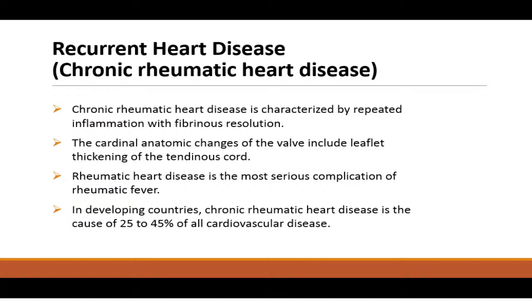The anatomical changes of valves include leaflet thickening and shortening of the tendinous cords. Rheumatic heart disease is the most serious complication of rheumatic fever, as I said. And in developing countries, this disease accounts for near 25 to 45% of cardiovascular diseases.